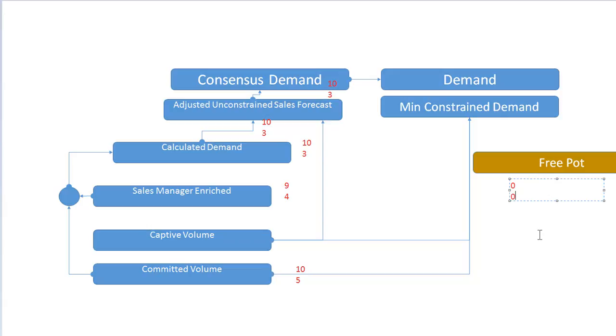Even if a negative value will be calculated by the first instance, the calculation set up in the IBP will make sure that the free pot is shown as 0 in order to avoid confusion for the planners.